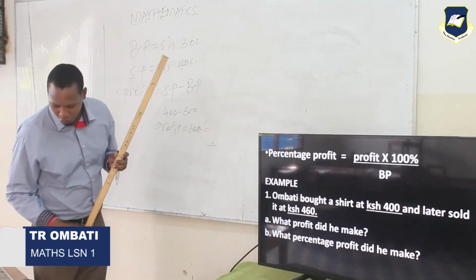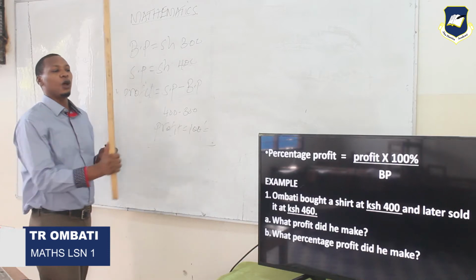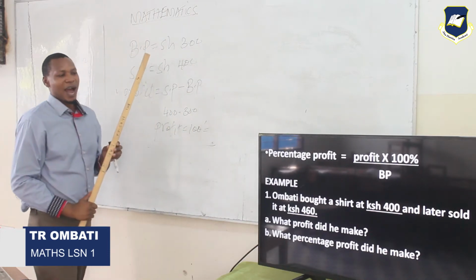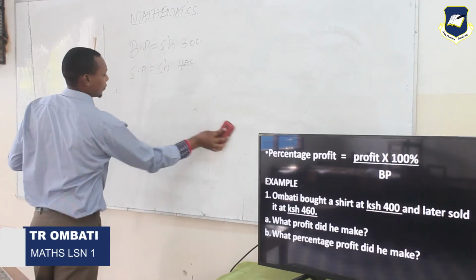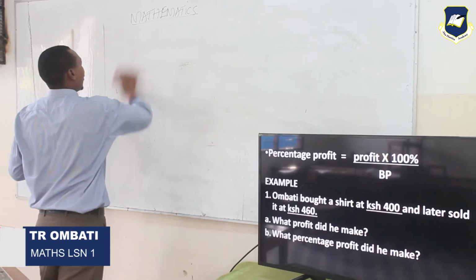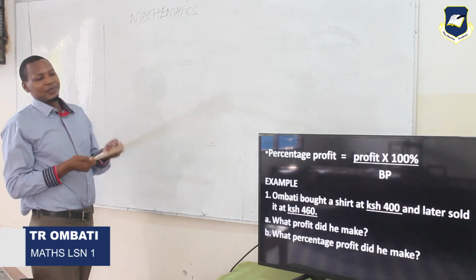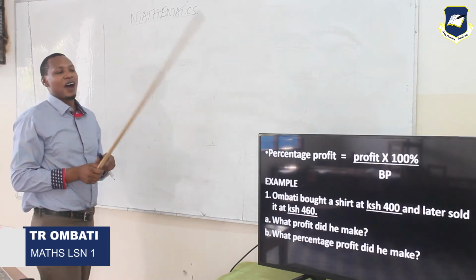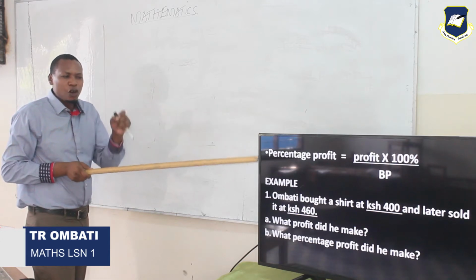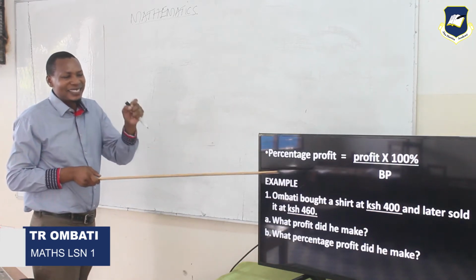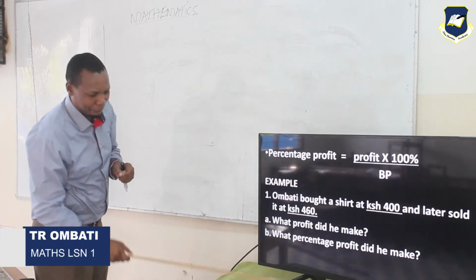We now want to see what we call the percentage profit. How do we find percentage profit? Percentage means something expressed out of 100. When we talk of percentage profit, this is the profit expressed as a percentage of the buying price.